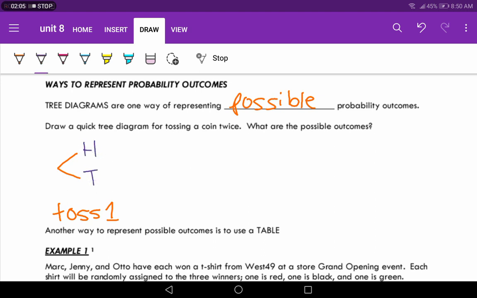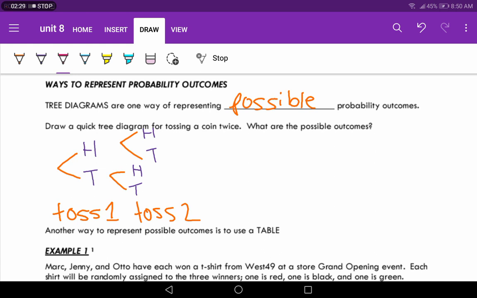If we get heads on our first toss, we have two options for our second toss, right? We can either get heads or tails. If we get tails on our first toss, we still have two options on our second toss: heads or tails. We only have two tosses, so this is the end of the diagram.